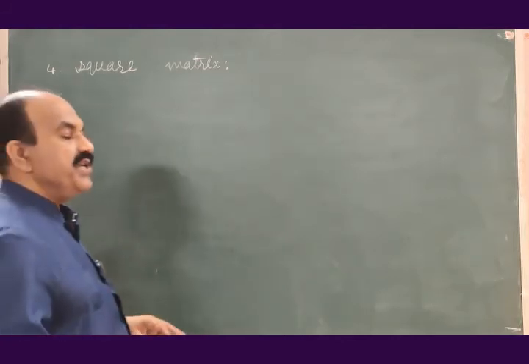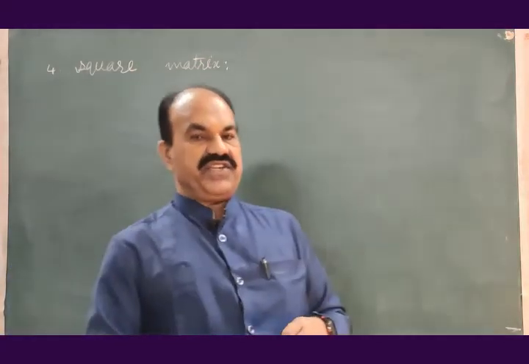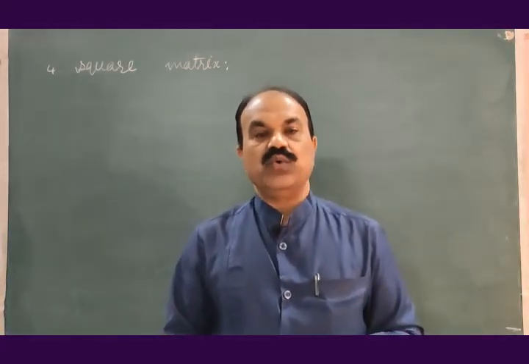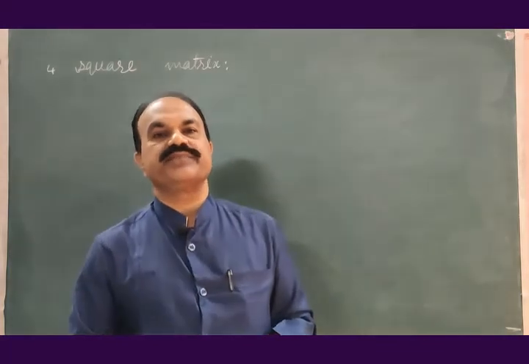Fourth type is a square matrix. How to define a square matrix?